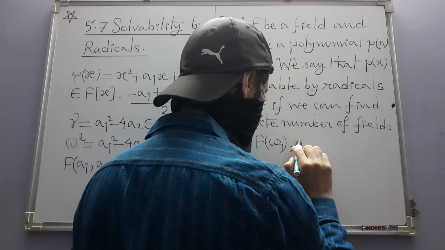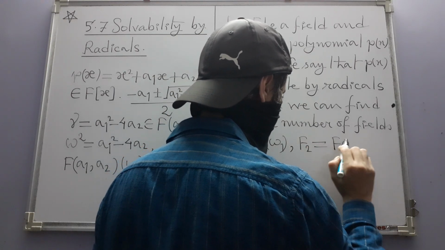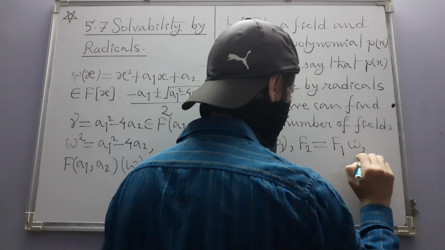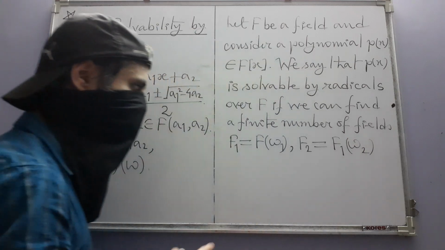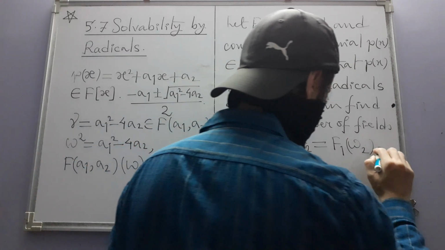Then F2, which is obtained by adjoining some other element omega 2 to the previous extension F1, and it goes like this.